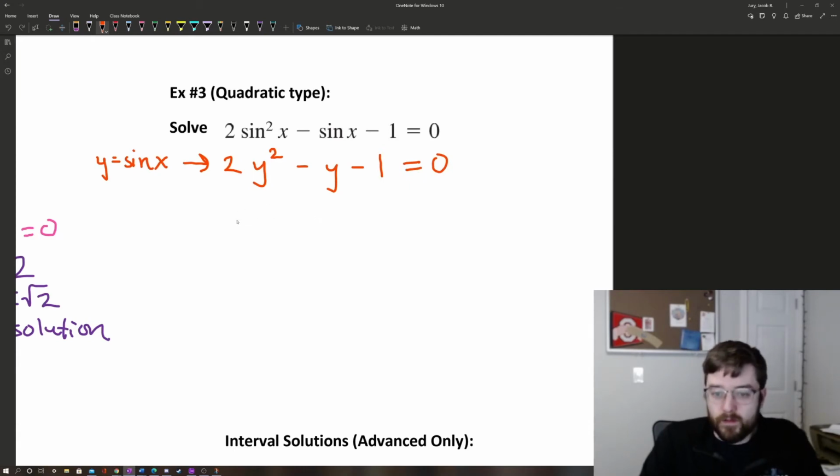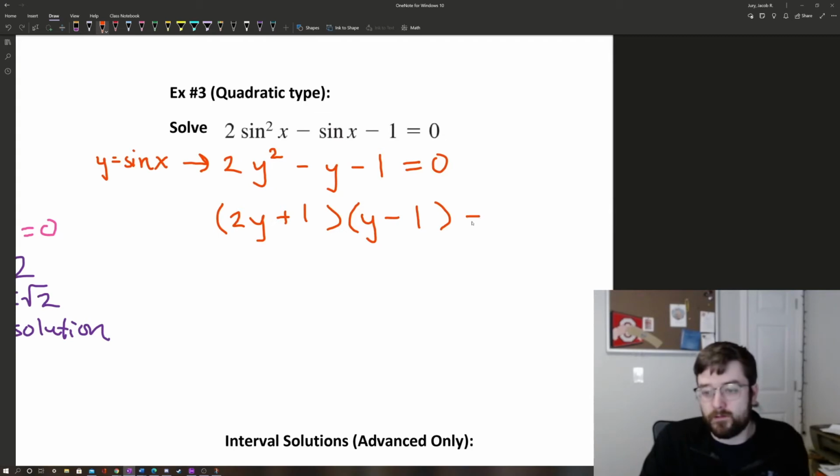And if I solve that, I'm going to have 2 factors, 2 binomials. So I have 2y plus 1 and y minus 1 as my 2 factors, and then set equal to 0.